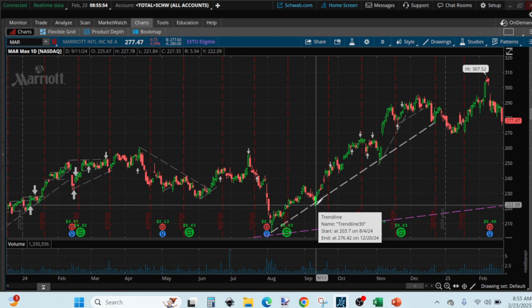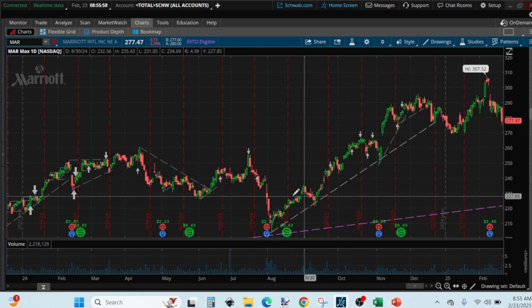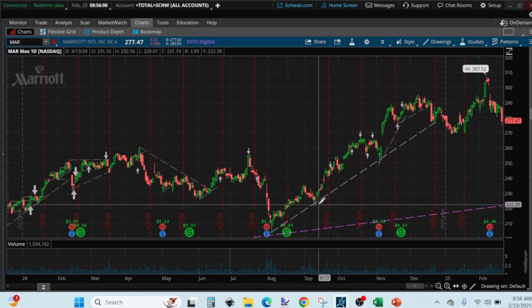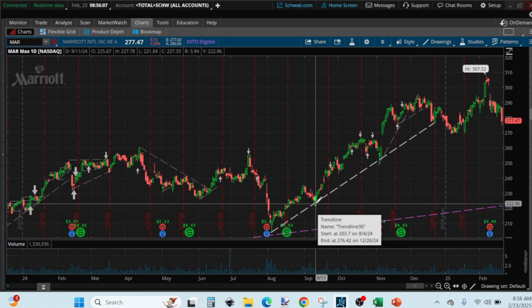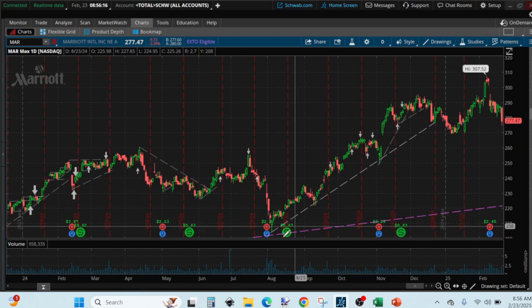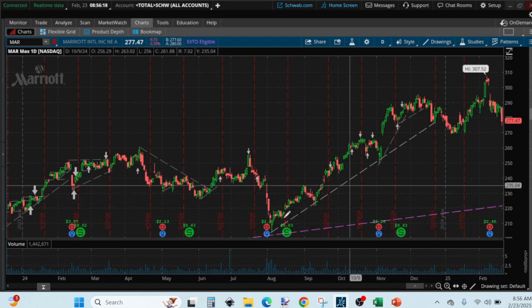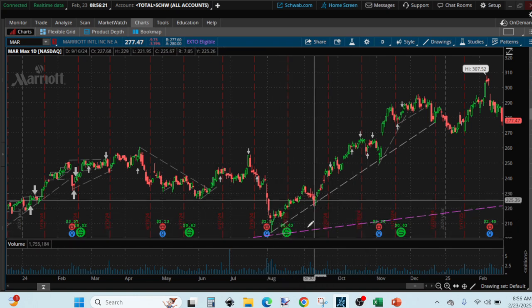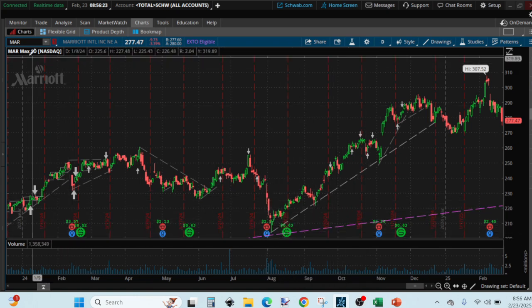Even with this one, it's still higher up compared to this area. I'm looking at the price here. So you have plenty of time to get in at some point, even if you do not catch it right around the trend line. So the next one is MCK.